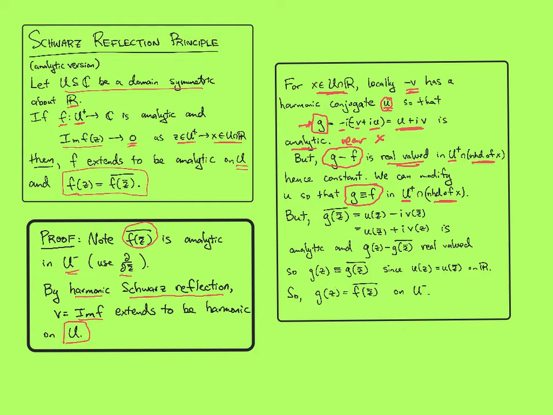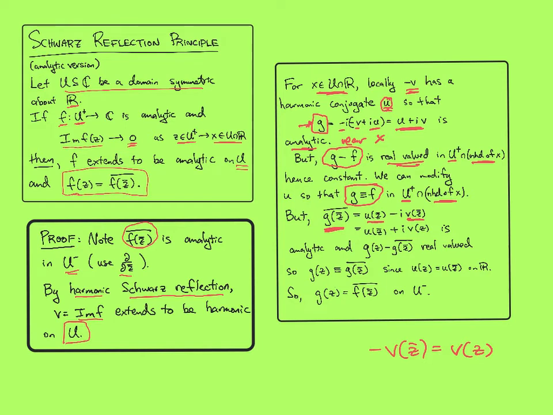Now, the reflection of g across this neighborhood will still be analytic, but if you look at the reflection, I'll get u of z bar minus i v of z bar. Well, the extension of v exactly has the property that when you reflect across the line, you have negative v of z bar equals v of z.